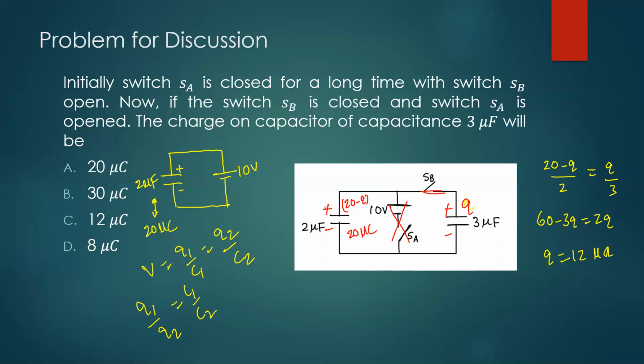So what is the ratio of the capacitance? It is 2:3. So that means out of 5 parts, 3 parts should be for the 3 microfarad capacitor. So if you have 20 microcoulombs, if I break that into 5 parts, each part is 4 microcoulombs. So 3 parts would be 12 microcoulombs. You should do that quickly. Yeah. You understand? Okay.